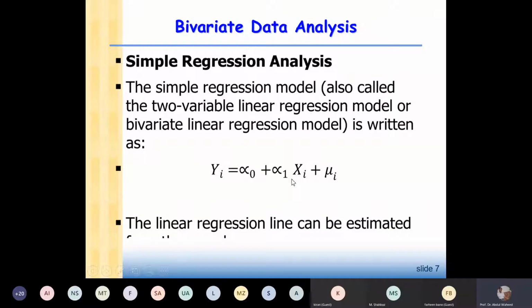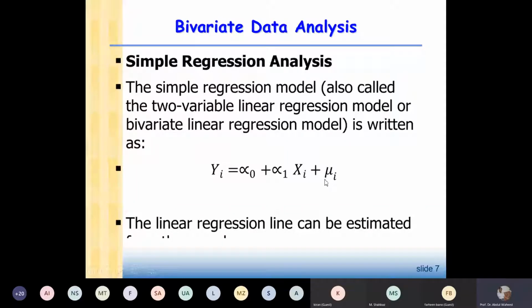In mathematics, you have studied exact relationships, but in reality, the relationships are not exact. The dependent variable is not affected by only one independent variable. There might be some other independent variables that affect the dependent variable. So the effect of all those variables would be captured here.